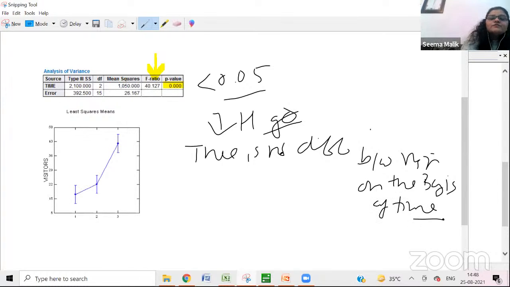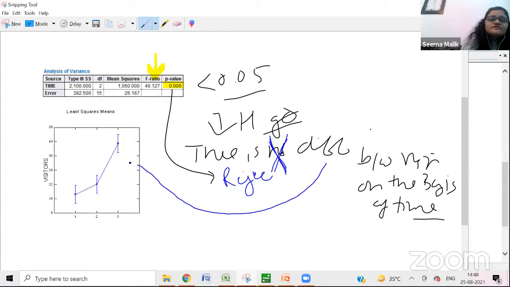But here the hypothesis is rejected. So this statement is rejected. It means there is a difference, and it can be seen over here: we have more visitors in the evening as compared to noon and the morning.